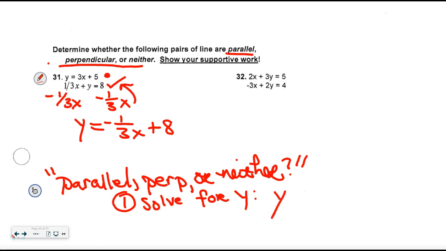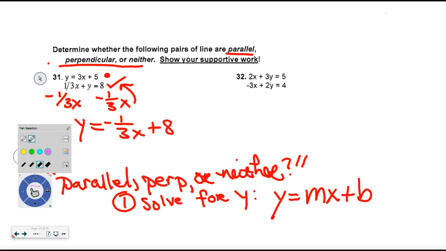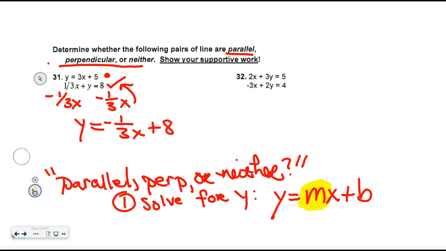All right, so back to the note card. You're going to have y equals mx plus b. If you have a highlighter, it'd be really smart to highlight that m, but if you don't, I'd circle it, because the m is in control of parallel, perpendicular, and neither. If you don't have a highlighter, you have one here. I'm going to give you a yellow marker. It's that number in front of the x that we're concerned with.